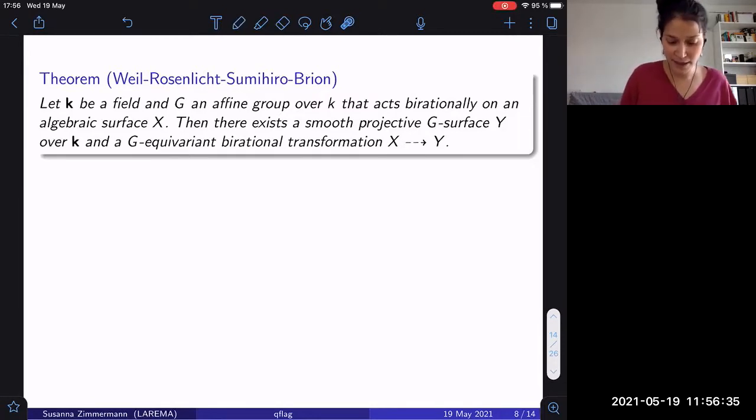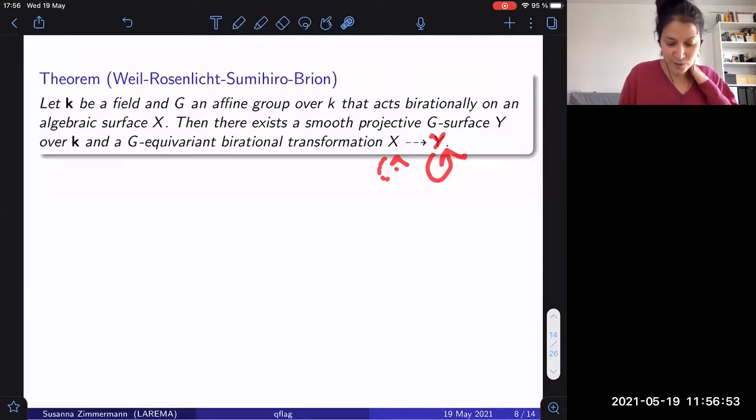So here, there's a birational transformation from X to Y. Y is a smooth projective surface, and here the action is birational, and here it is by automorphisms.